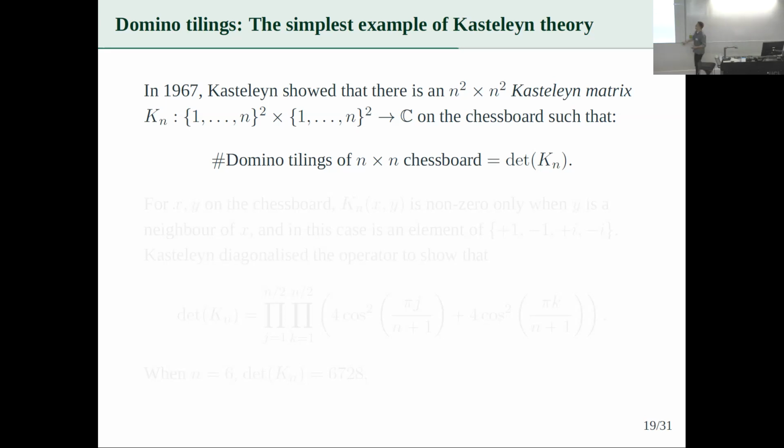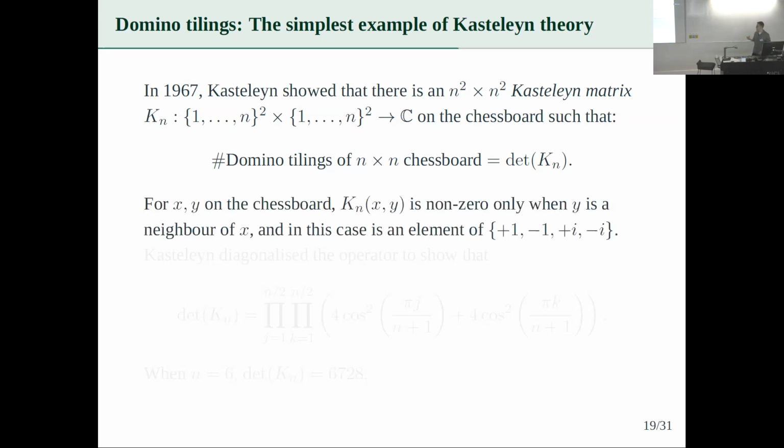There's a clever way of writing this determinant as a sum over cycles and linking up each cycle with a particular tiling of the chessboard, with a particular set of tiles in the chessboard. And again, this operator takes fairly simple forms where you have these intelligently chosen weights that somehow manage to make the signs in all of the permutations here match up with the domino tilings.